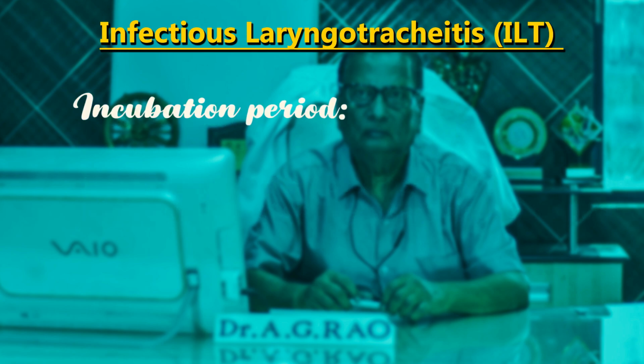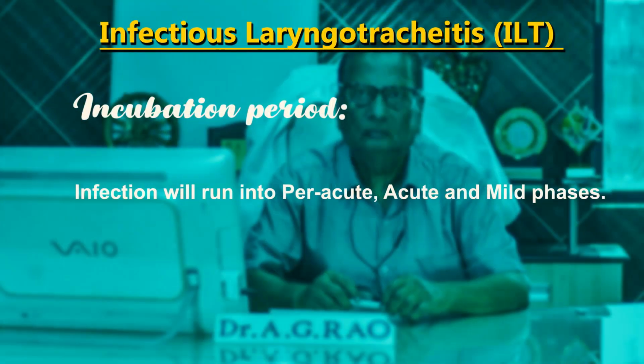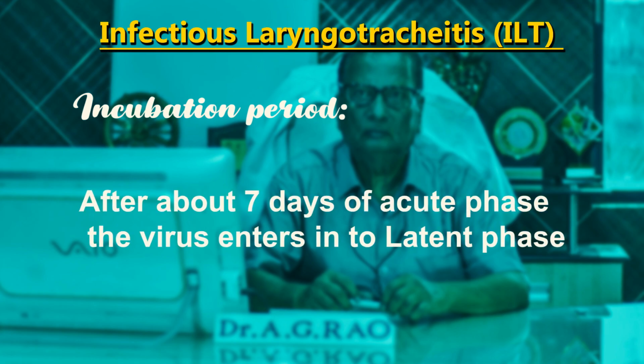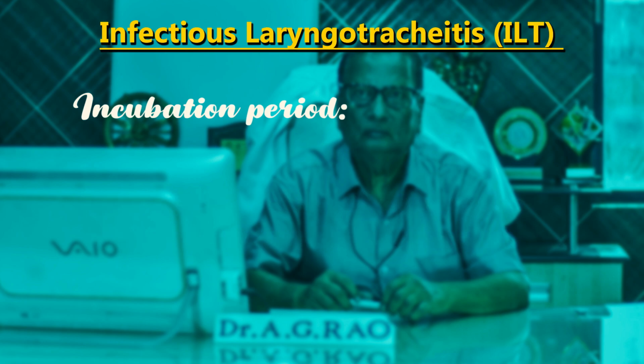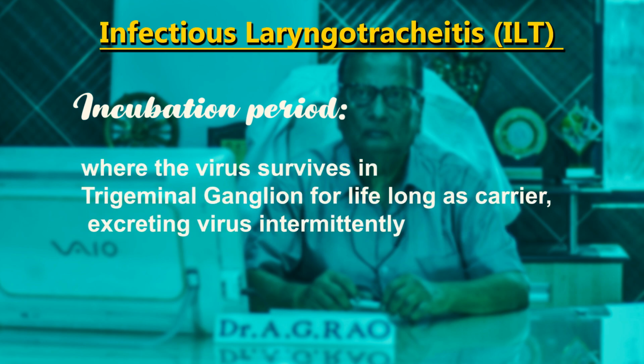Incubation period of the disease is 6 to 12 days, and the infection actually runs into 3 phases, that is the peracute, acute, and also milder form. After about 7 days of acute phase, the virus reaches a latent phase where the virus enters a particular area, that is the trigeminal ganglion area, and remains there for a sufficiently long time throughout its life.